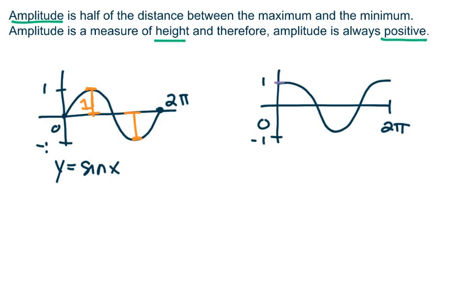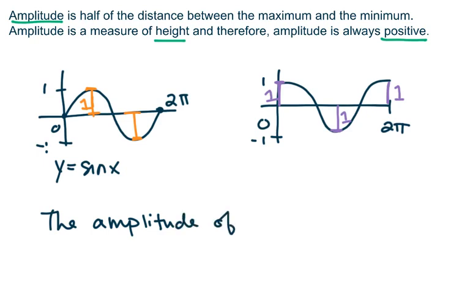For cosine, we see 1 up, 1 down, and 1 up again. So the amplitude of y equals sine x and y equals cosine x is 1.